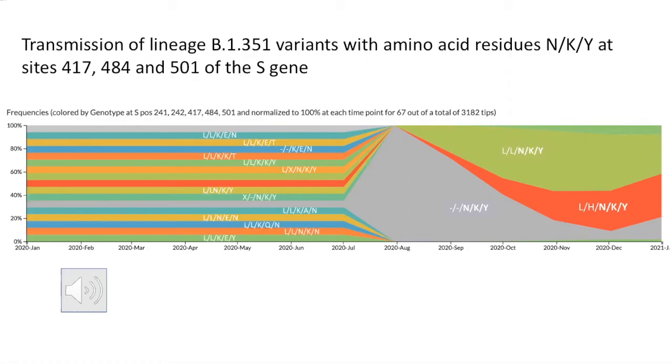So this just adds further evidence that this particular virus variant, the B1351 variant, spreads, has a greater transmission than the other forms that are present.